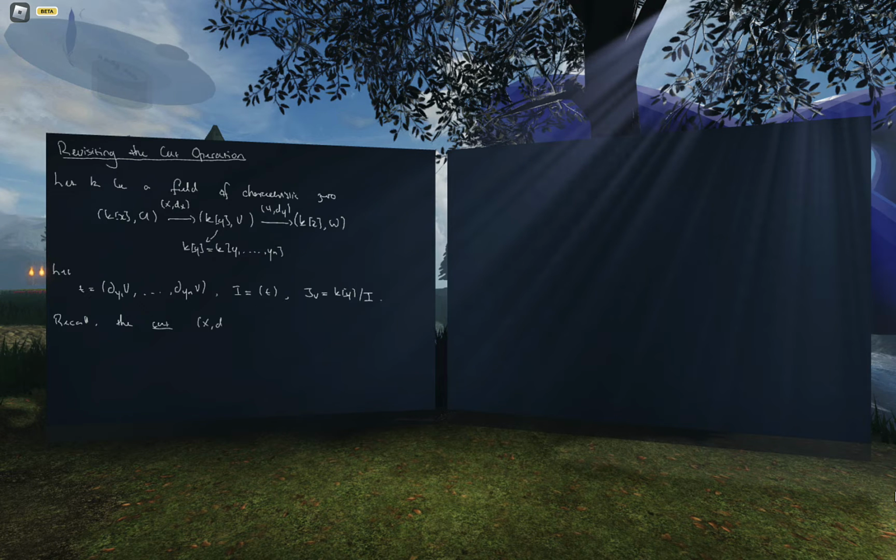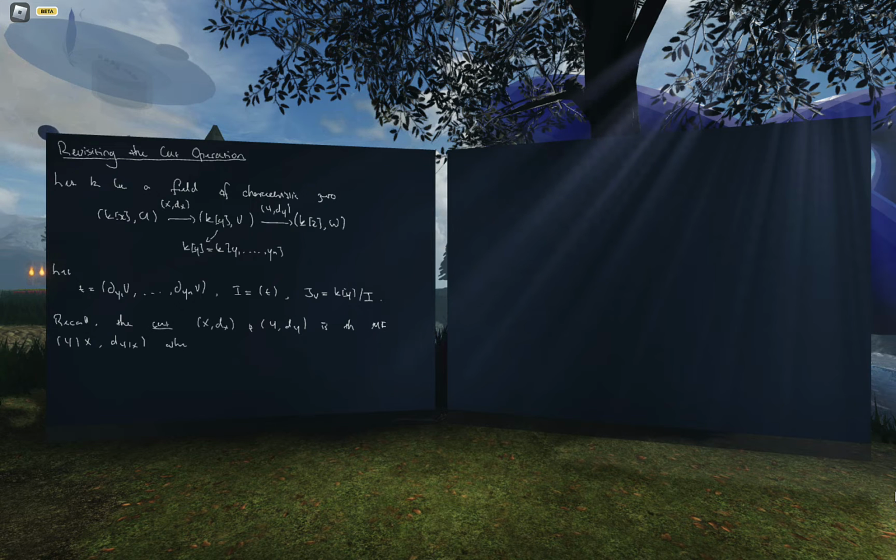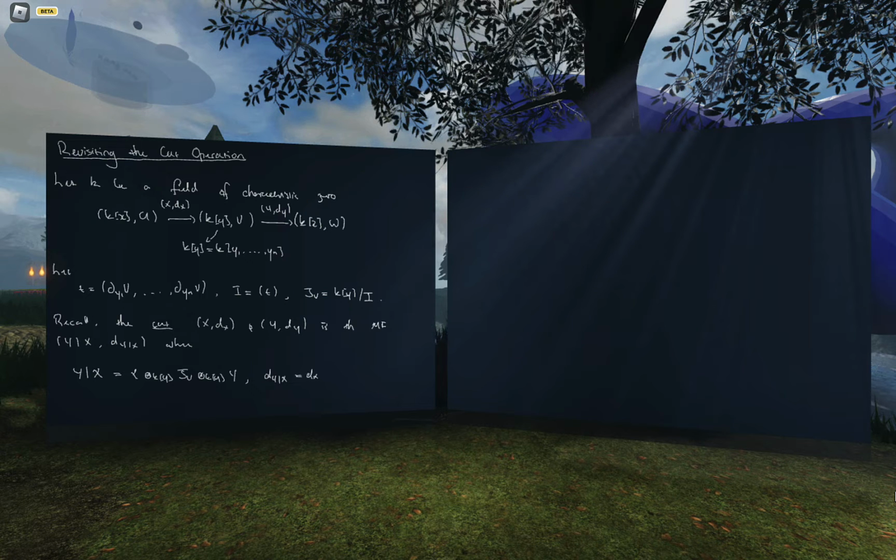Recall the cut of x and y is the matrix factorization, which we denote like so, where the module is this thing, and the differential is just the tensor product.